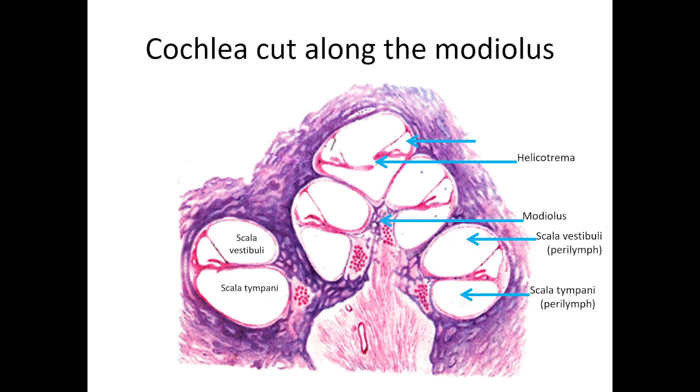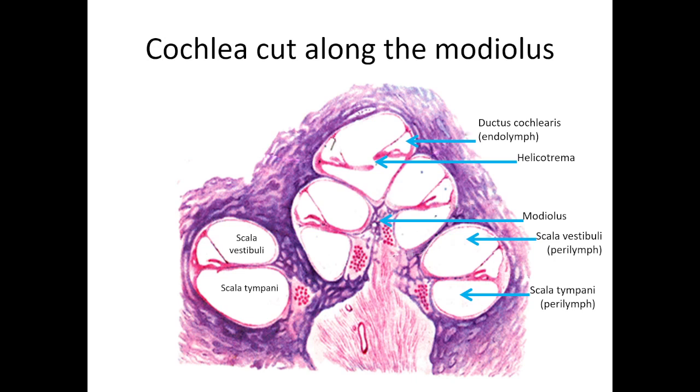And what is this? A triangle-shaped part of each turn of the cochlea. It is called ductus cochlearis. This triangle-shaped structure, ductus cochlearis. And what fluid is inside of it?